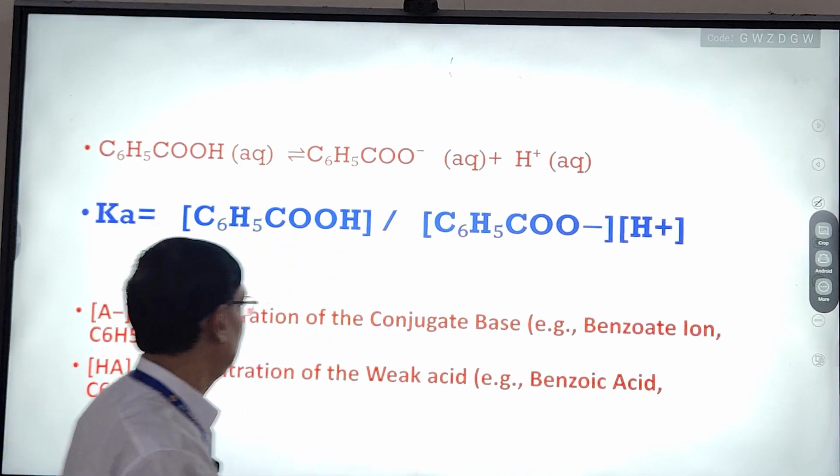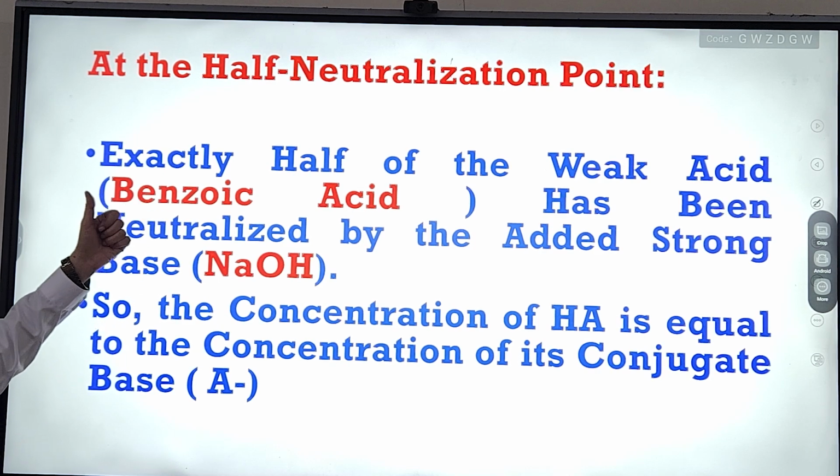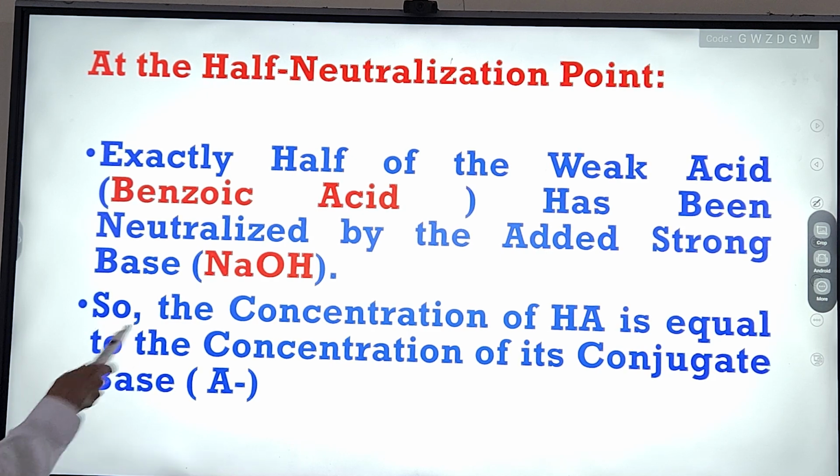It's a very simple calculation. The thumb rule is that at the half neutralization point, exactly half of the weak acid, benzoic acid, has been neutralized by the added strong base, sodium hydroxide.